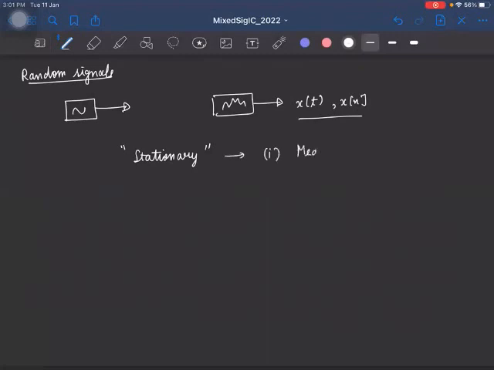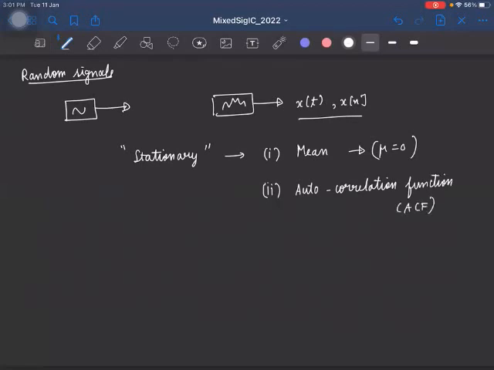First is the mean, which in most practical cases turns out to be 0. And second is what is known as the autocorrelation function, also abbreviated sometimes as ACF.